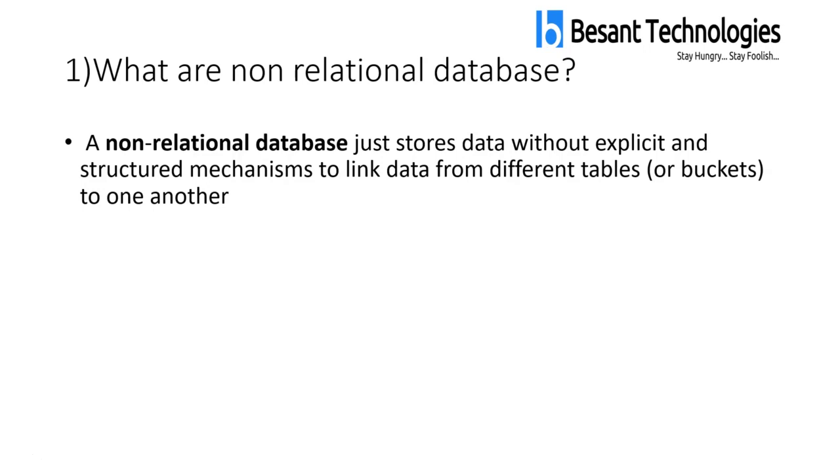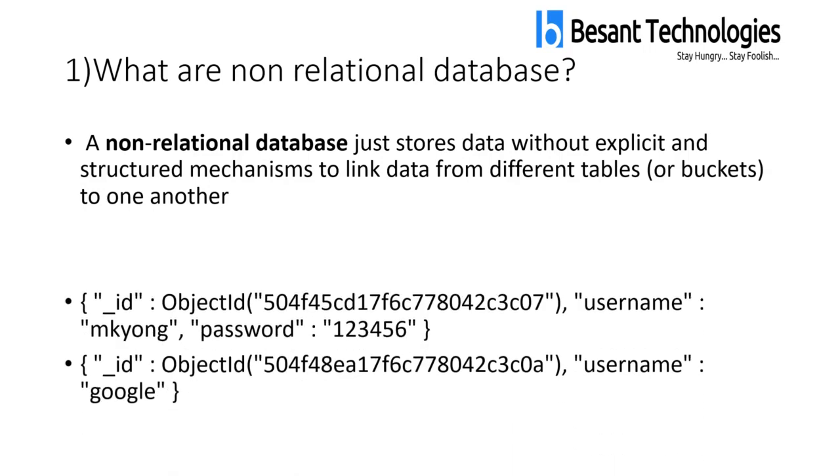You have a primary key, foreign key, and all those, which relate tables. But in the case of a non-relational database, there is no structure. There is no relation between two rows, and even two tables don't have any relation. So a non-relational database has no structure and there is no link between two tables or two rows.